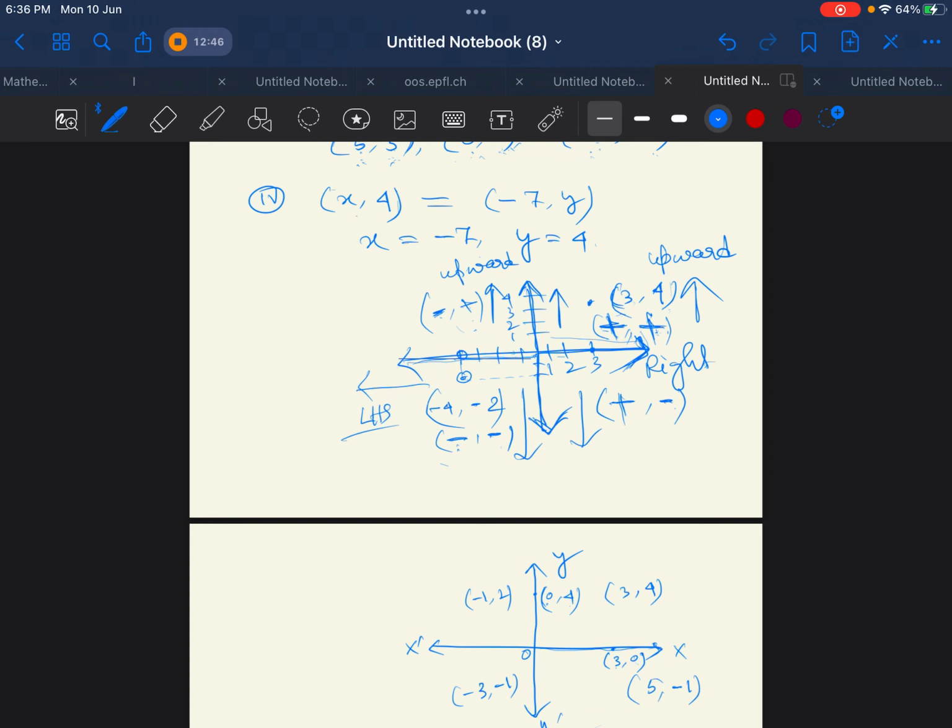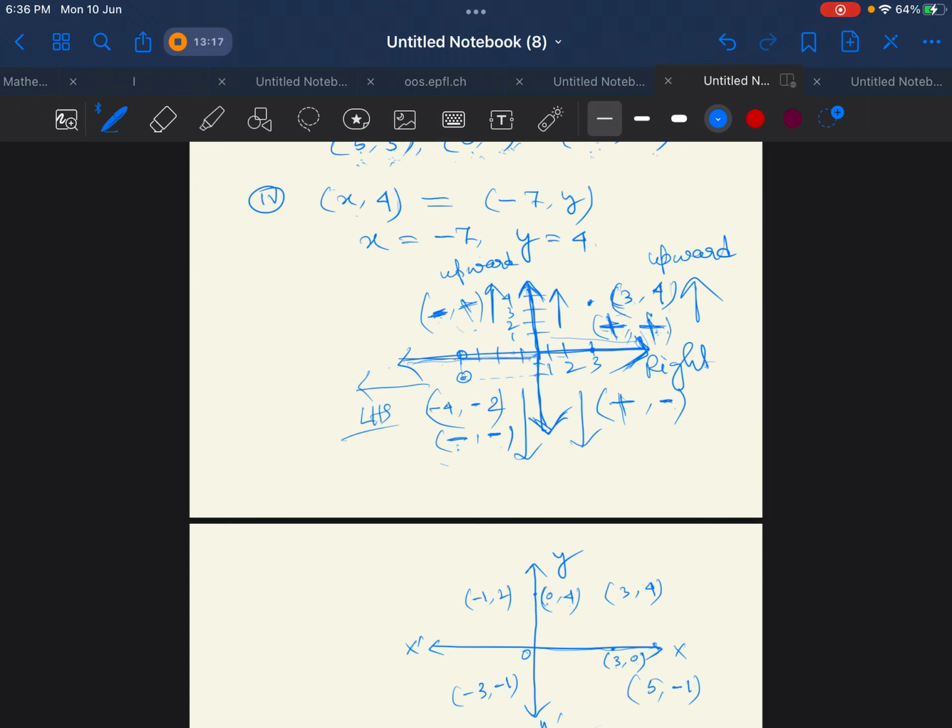And in the second quadrant, the value of x is always negative. On the left hand side of the x axis, we see the value of x is always negative, and along the upward direction of the y axis, the value of y is always positive.